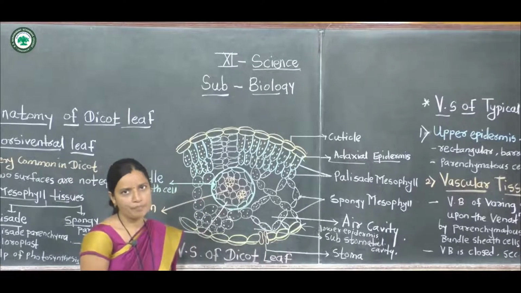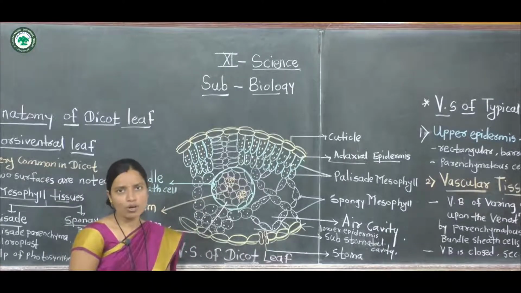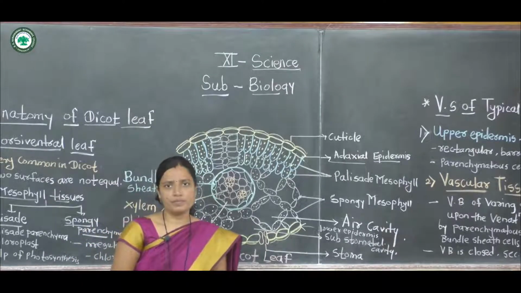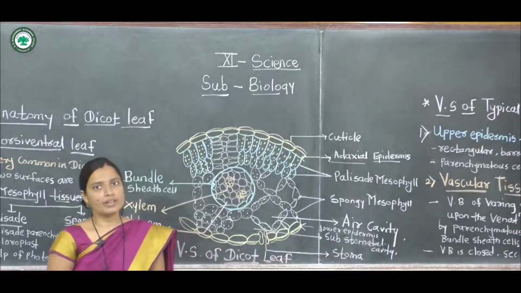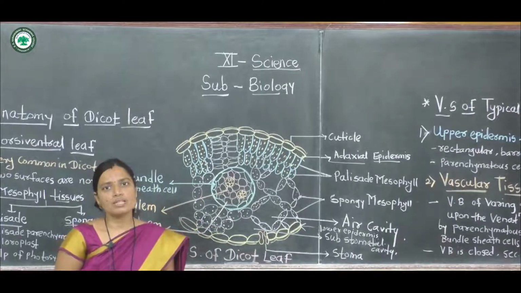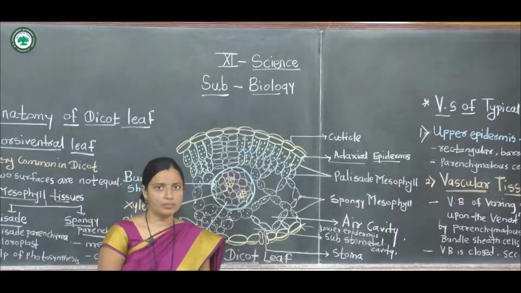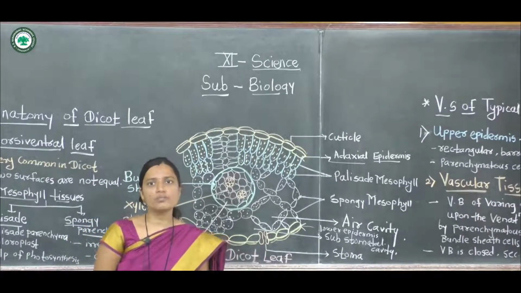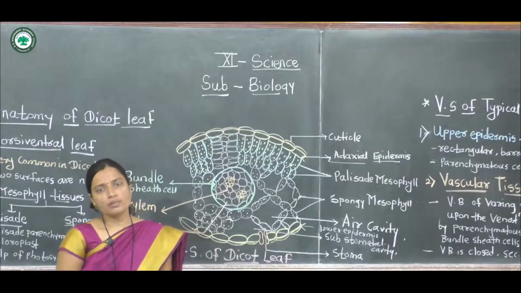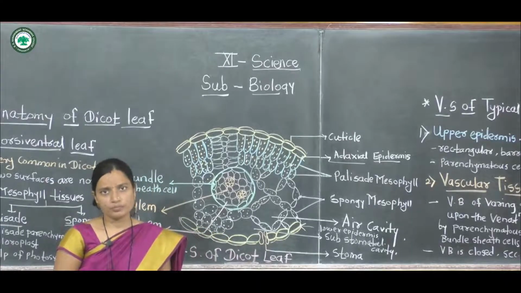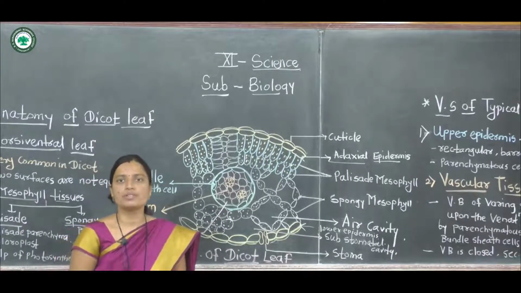The stoma has a very important role in leaves. More stomata are present on the lower surface of the leaf compared to the upper surface. The most important function of the stomata is transpiration as well as gaseous exchange.